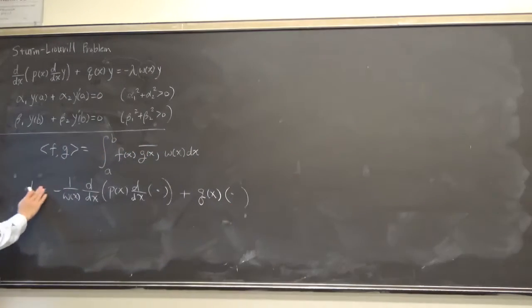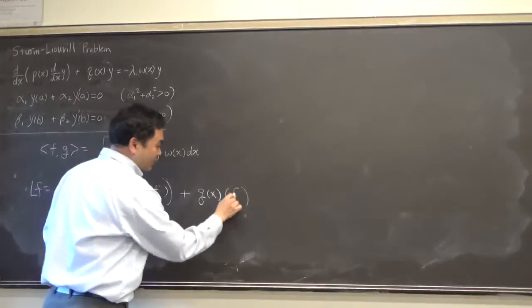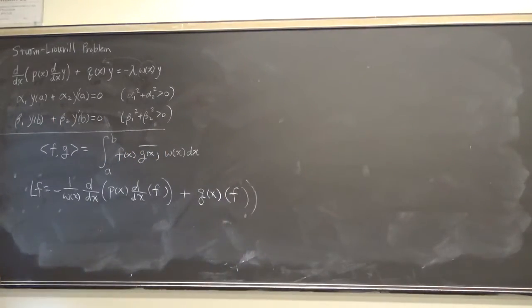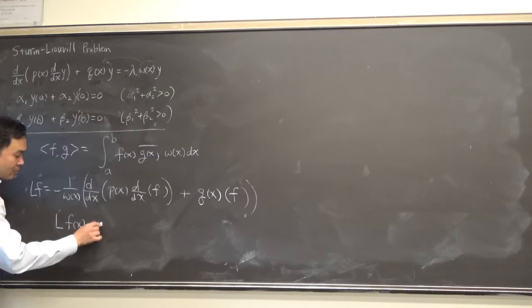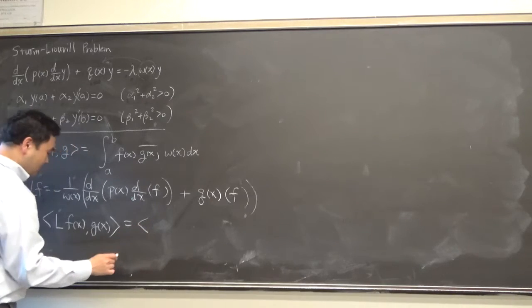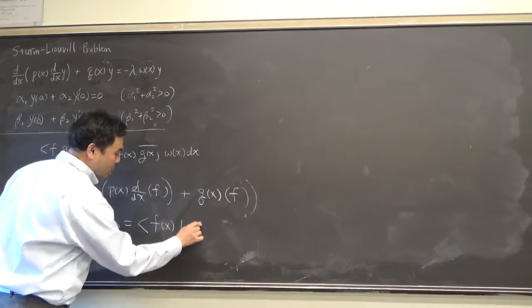So if you plug in f here, then f is here and there. So this entire thing with negative 1 over w of x, under this inner product, you can show that the inner product of L of f and g is equal to the inner product of f and L of g.